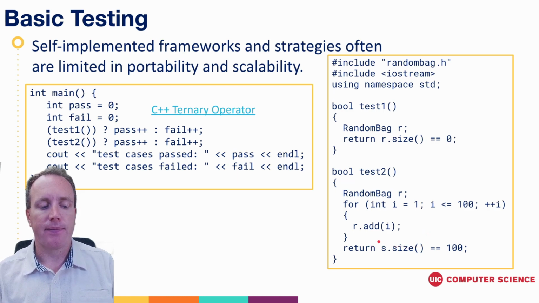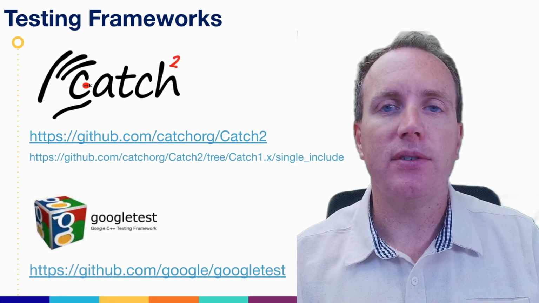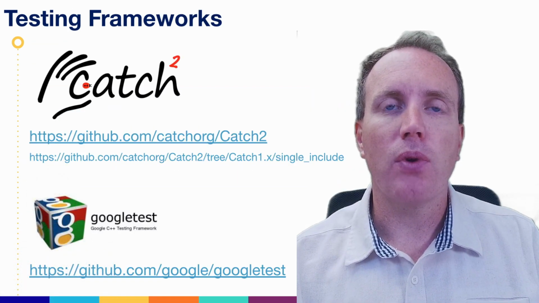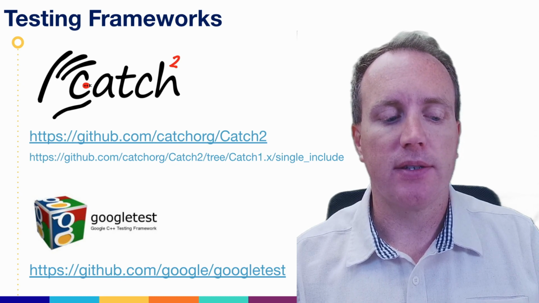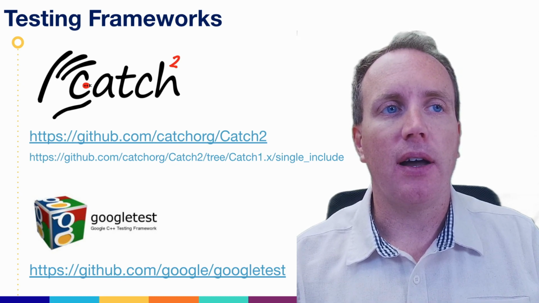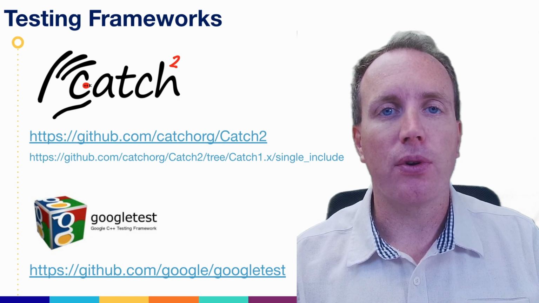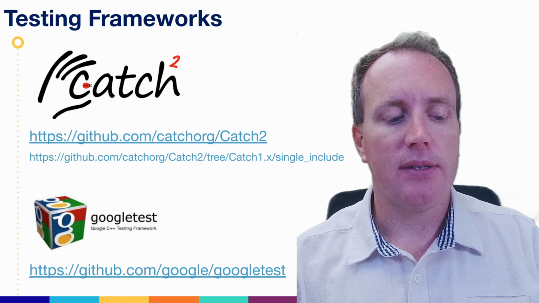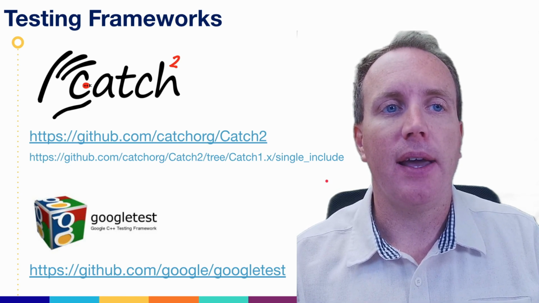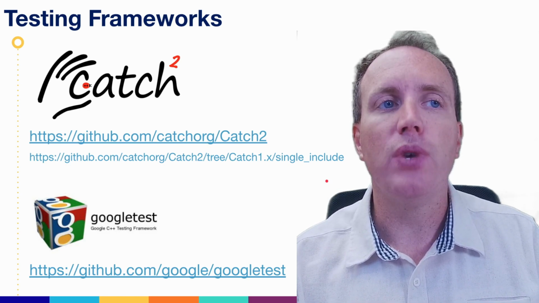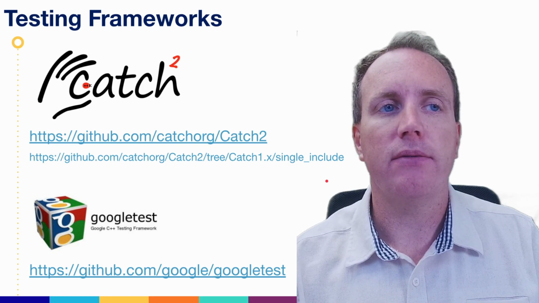When it comes to testing, more robust testing leads to using frameworks. Frameworks allow us to be more portable and scalable. Specifically, there are two frameworks we will work with, and you get to choose which you wish to work with. These are two well-known frameworks, Catch and Google Test.